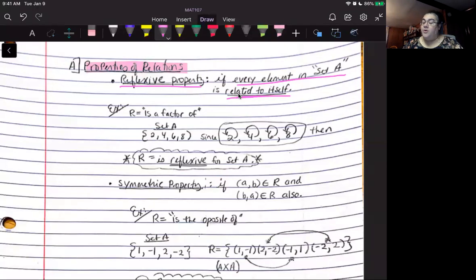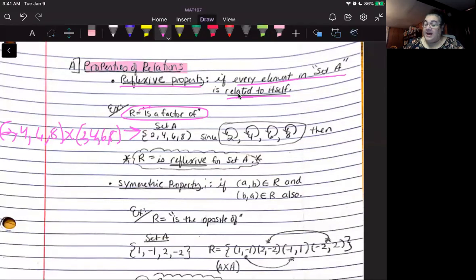So if the relation is "is a factor of," and here's set A, you took set A, which had 2, 4, 6, and 8, and did the Cartesian cross product with itself, 2, 4, 6, and 8. Out of that new set created by the cross product, you pick the ones that fit our relation, is a factor of.